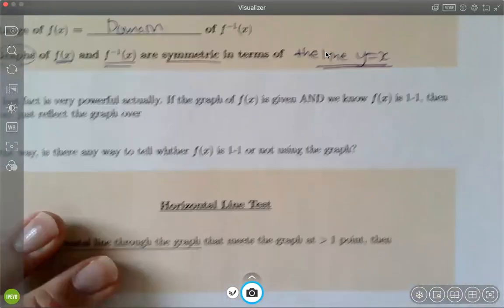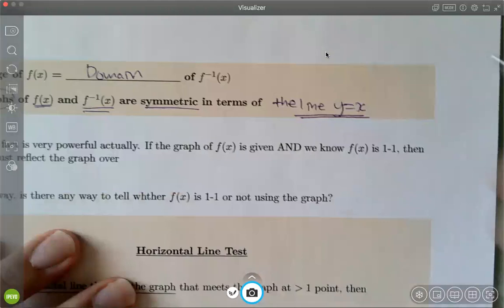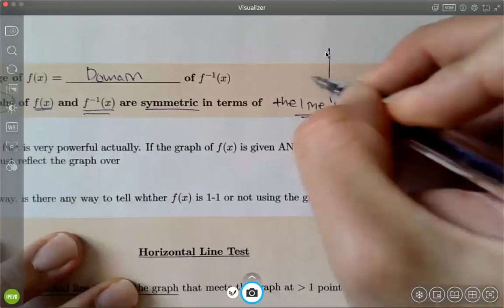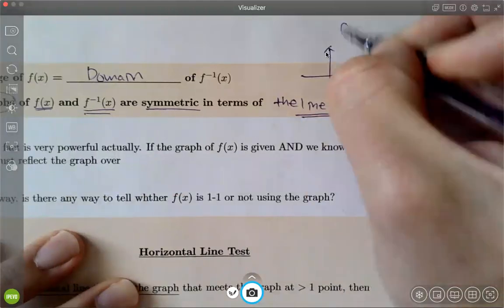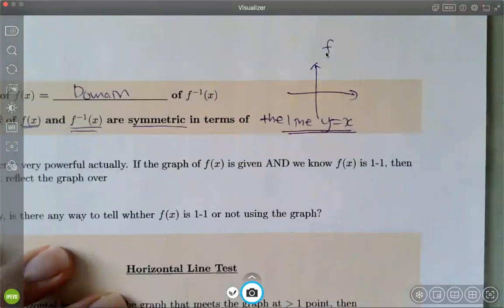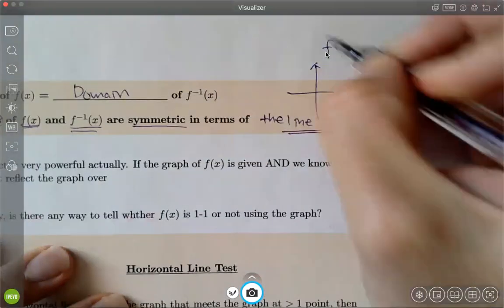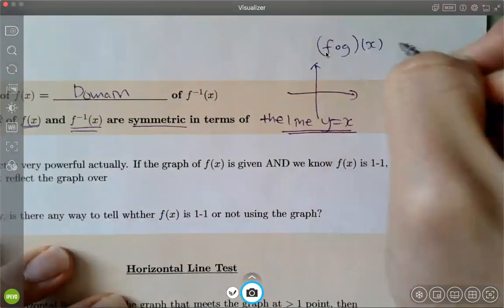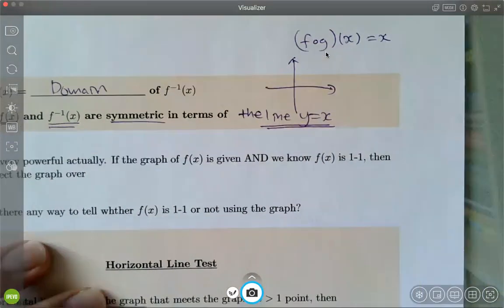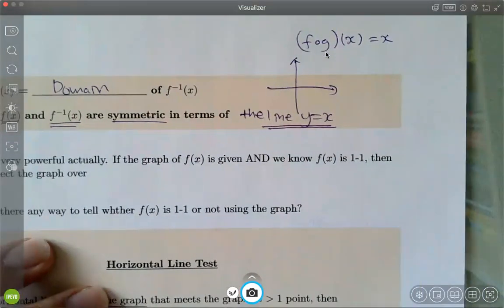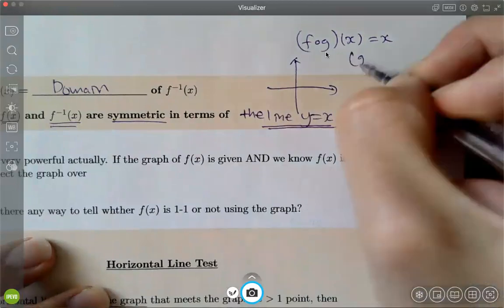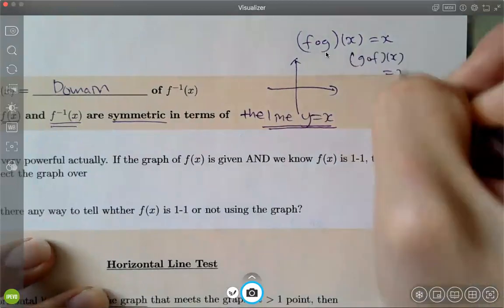And what's the reason? Basically, remember from the previous class, we had that f and g are inverses if the composition of f and g is the same thing as the original value x, and when you swap f and g, you also get the same thing back.